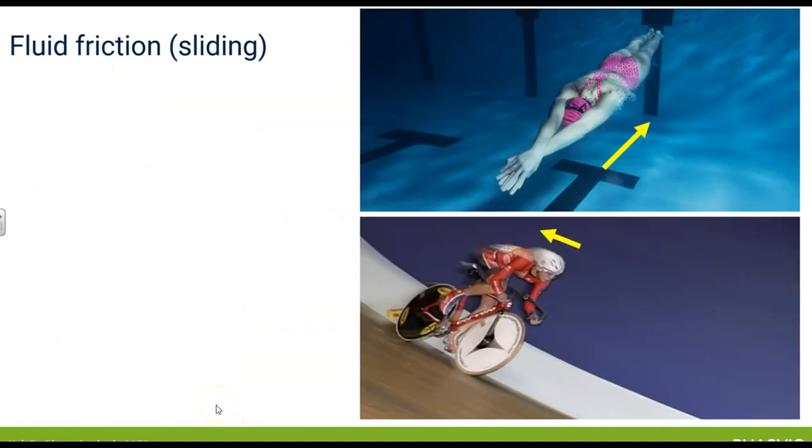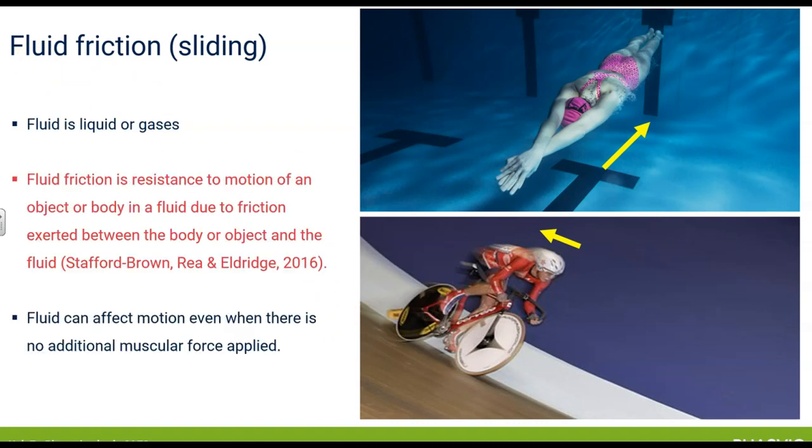The last type of friction actually is another kind of sliding friction, but I'm just differentiating this one. Rather than two surfaces in contact with each other, this is now an object in contact with a fluid. And what we need to understand, and hopefully is represented by the examples there, is that a fluid is either liquid, often water, or gases, for example, air.